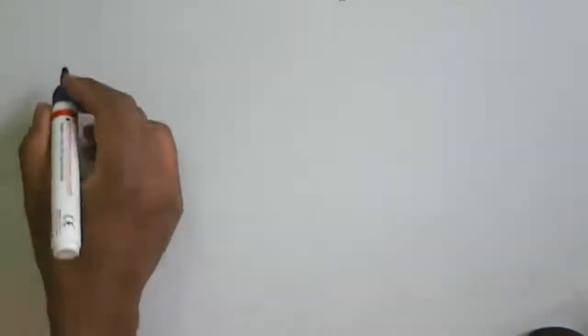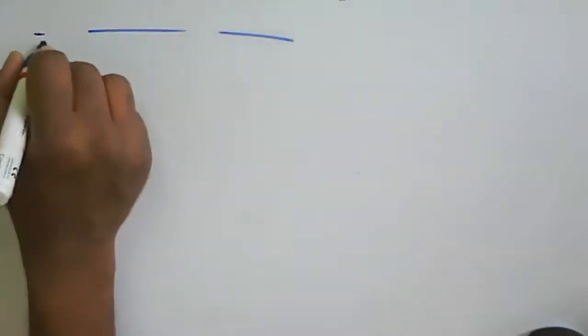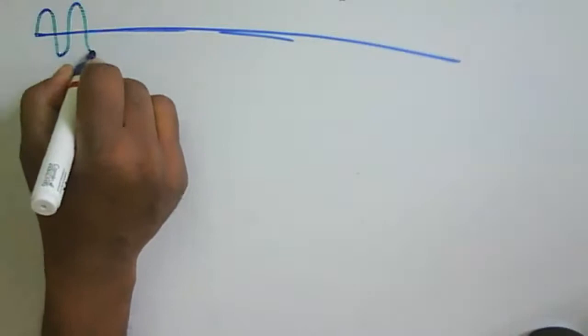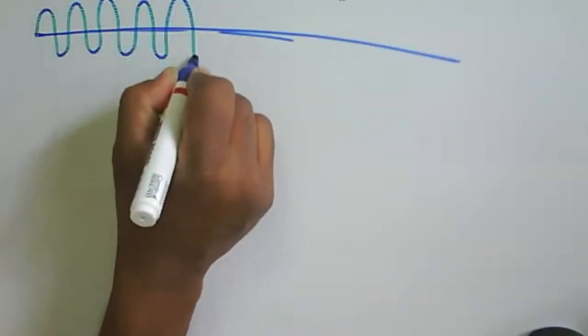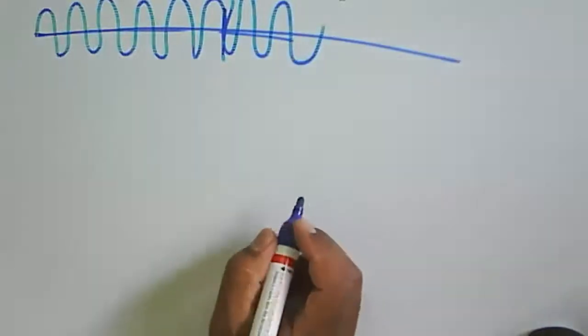Now generally we can consider that this one is a signal. I'll just draw a continuous signal now. This one is a continuous signal.